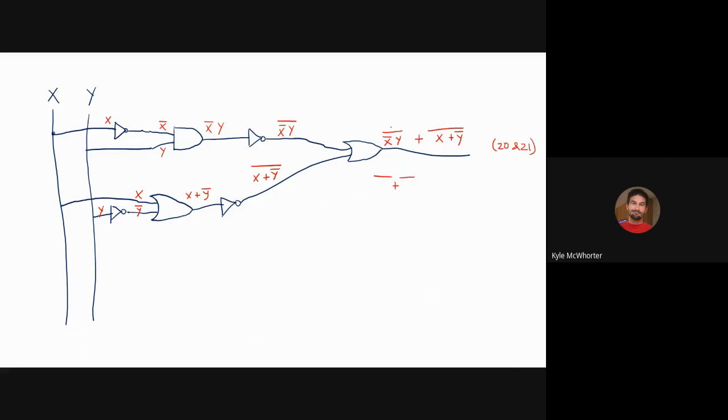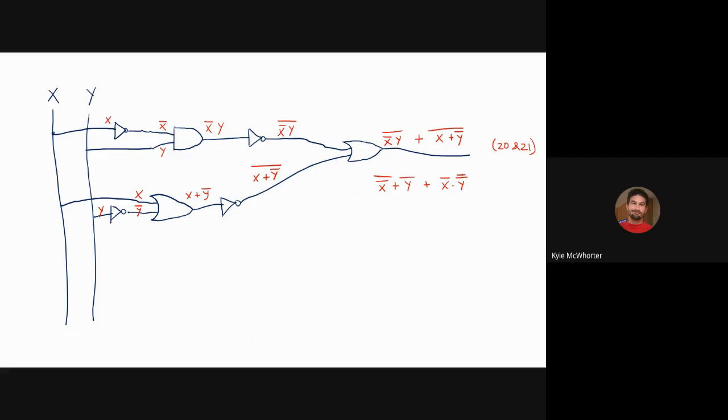Break the line, change the sign, and so we have not x here and y there. Then if I break this one, it's going to be not x and not y. Break the line, change the sign, right?